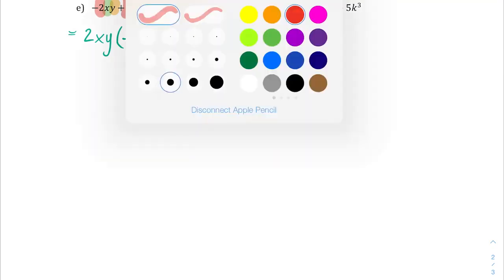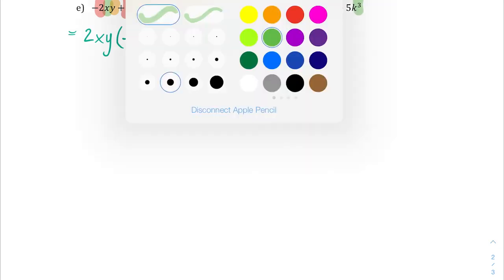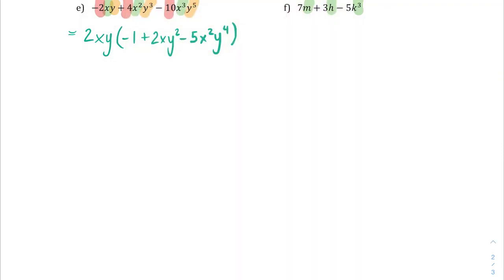Good. The last question now. Oh, if you see this, all of the variables are different, so they cannot be common factor. Okay, right? Because we have m, h, and k, they're all different, so they cannot be factored out. So we draw attention to the constants, 7, 3, and 5.